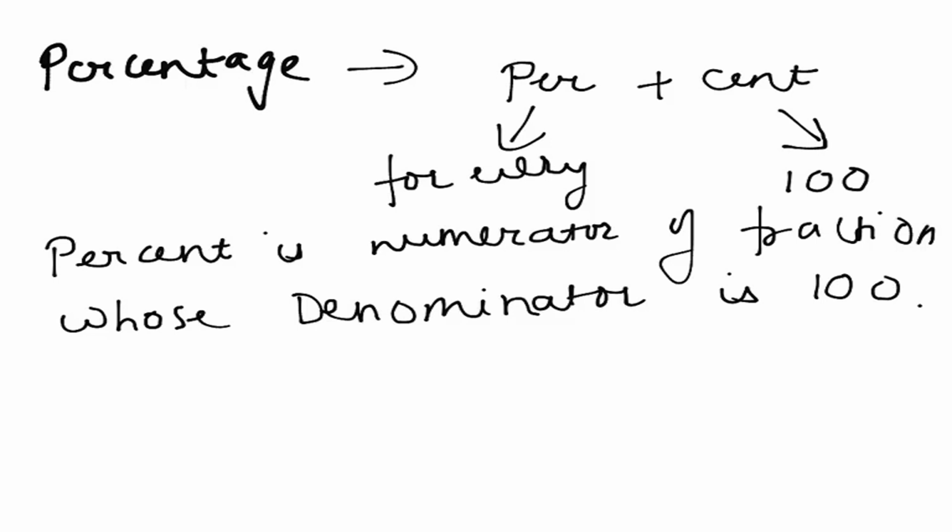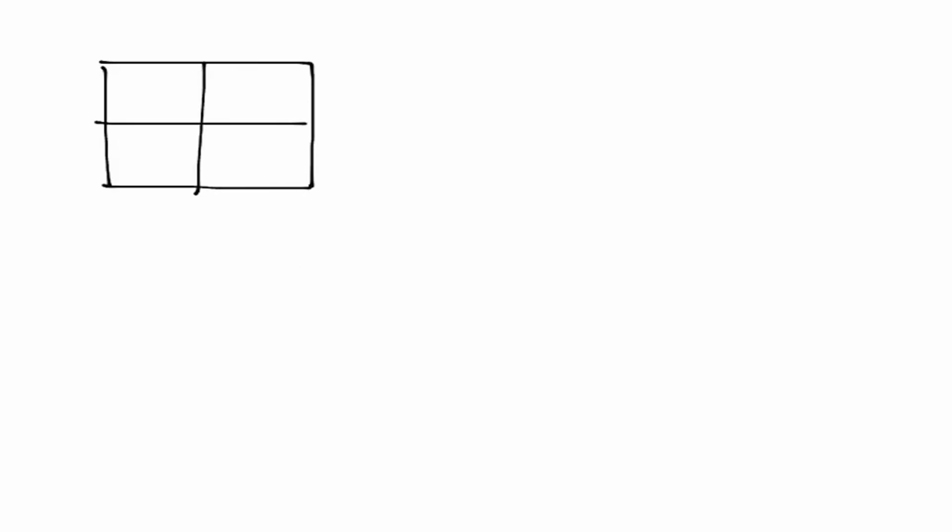So here I am taking one example, like as we read in fractions, if we have a box and I divide it into 4 parts, and if I shade one part of it, and I ask which fraction of this square is shaded, we will write 1 by 4.